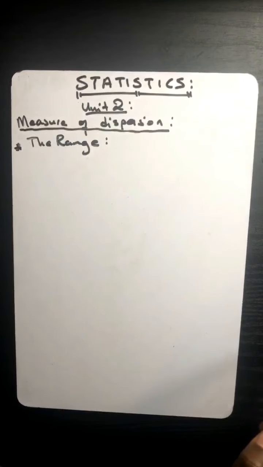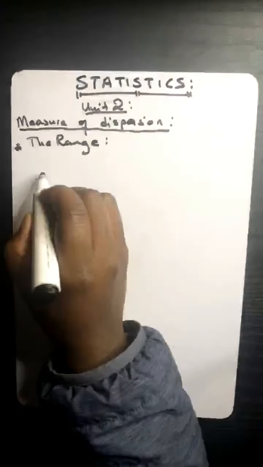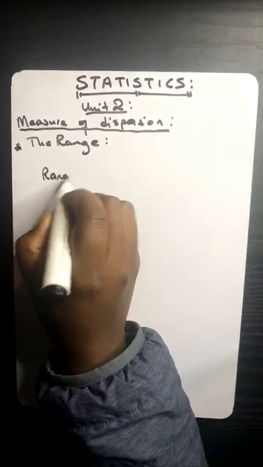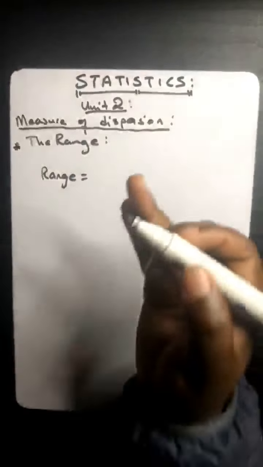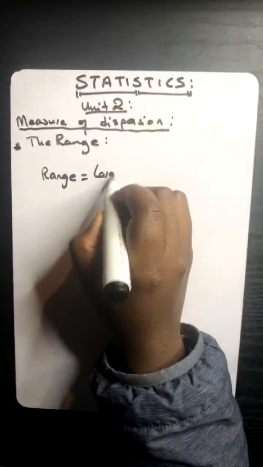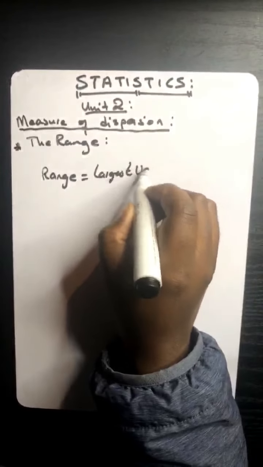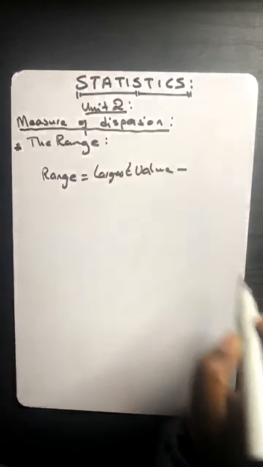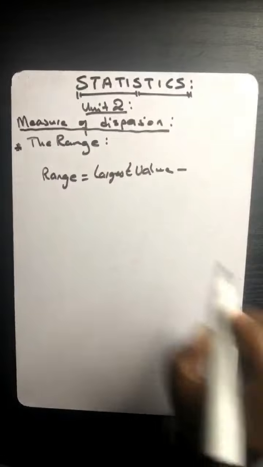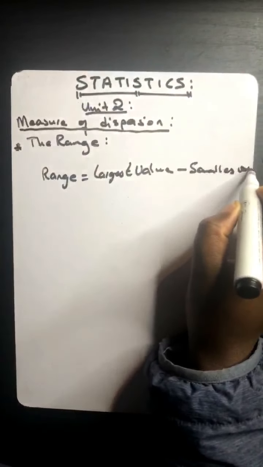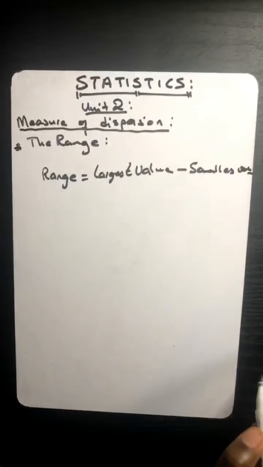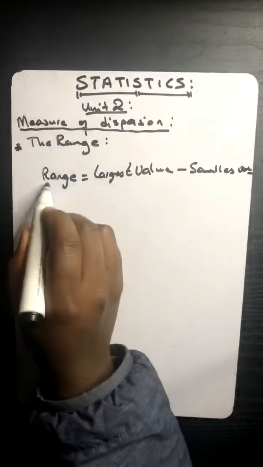The easiest formula that I can come up with is to say the range is equals to the largest value minus the smallest value. It is as easy as that, guys, in terms of you calculating the range.